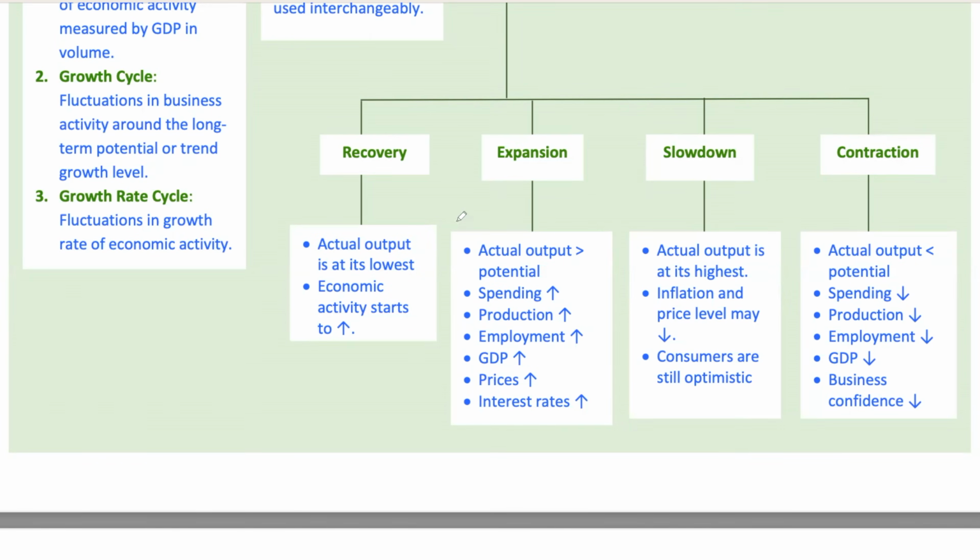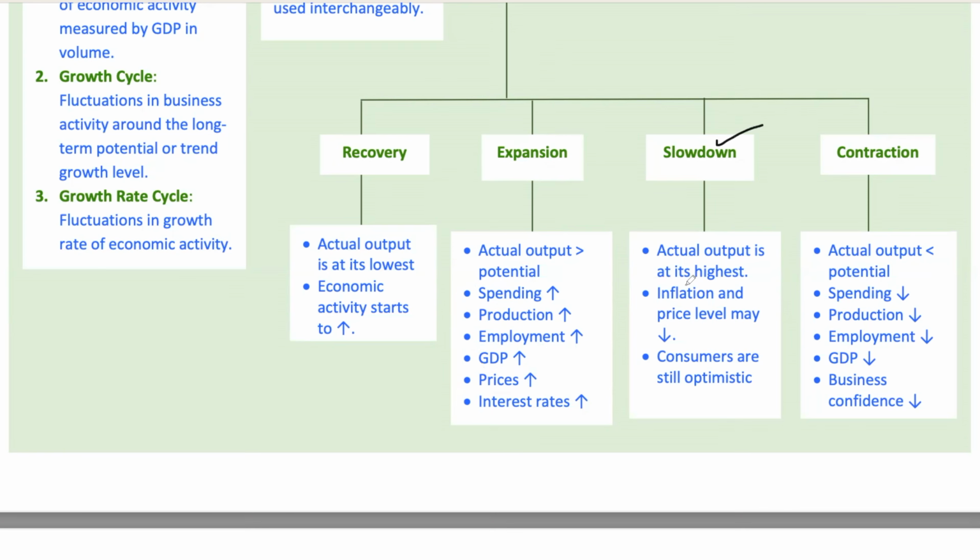During expansion phase, the economic activity picks up momentum, and actual output surpasses potential output. This phase is characterized by increasing spending, production, employment, prices, and interest rates. GDP also rises. For instance, during the expansion phase of the early 2000s, the tech industry boomed, leading to increased production and employment in that sector.